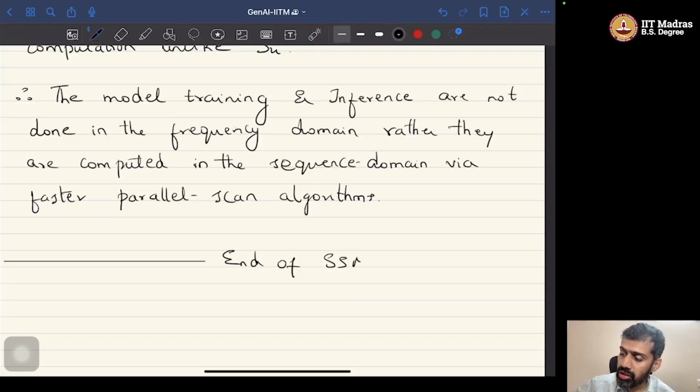And that also brings us to the end of this particular course, where we looked at several mathematical details of multiple state-of-the-art generative models, starting from adversarial networks, and we looked at variational divergence minimization, variational autoencoders, diffusion models, autoregressive models, transformers, and now some introduction to state space models.